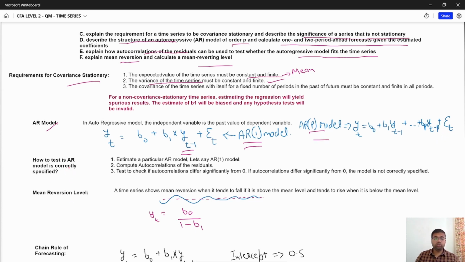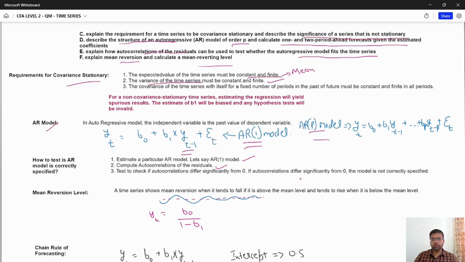Now how to test if an AR model is correctly specified? To test the significance of an AR model, first of all we will estimate a particular model. Let's say we estimated an AR1 model. We will compute the autocorrelations of the residuals and test to check if the autocorrelations differ significantly from 0.